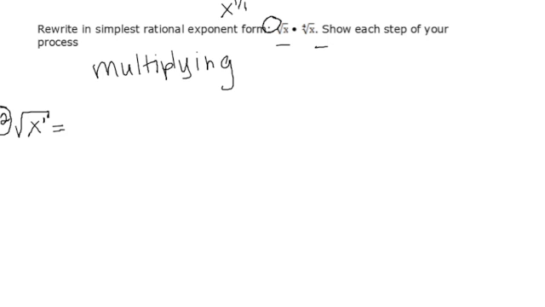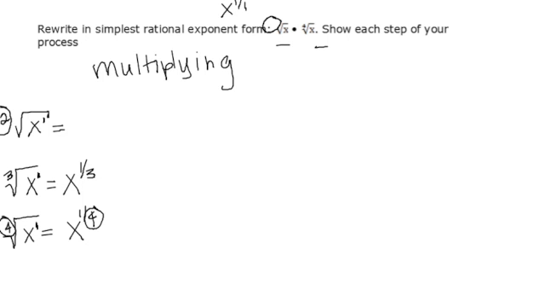So if my question said the cubed root of x, that would be x to the 1 over 3. If my question said the fourth root of x, that would be x to the 1 over 4. Remember, there's a 1 here, and the index is the denominator.